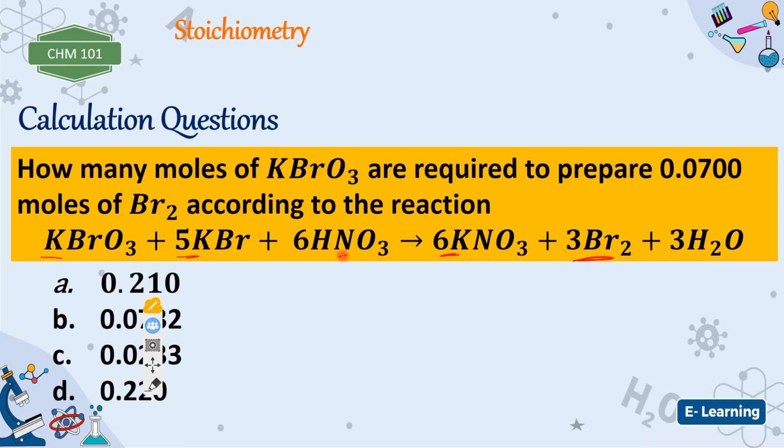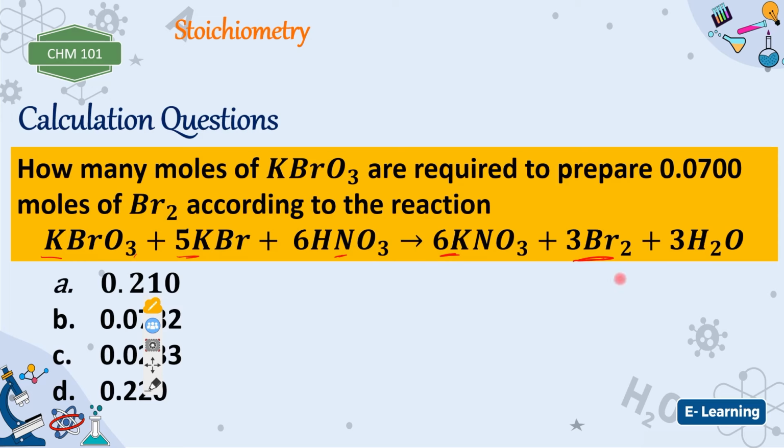Here you have 6 nitrogen. Here also you have 6 nitrogen, so now it is balanced. How many hydrogen? You have 6 hydrogens here. Here also you have 6 hydrogen. How many oxygen? Here you have 3 plus 18, 21 oxygen. Here you also have 18 plus 3, 21 oxygen. So the reaction is balanced.